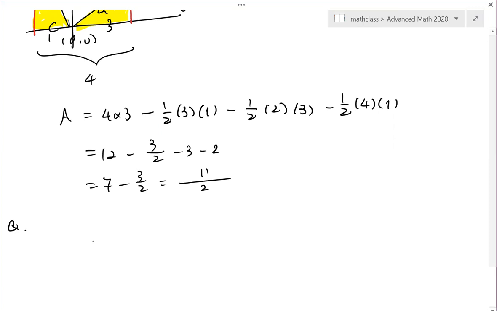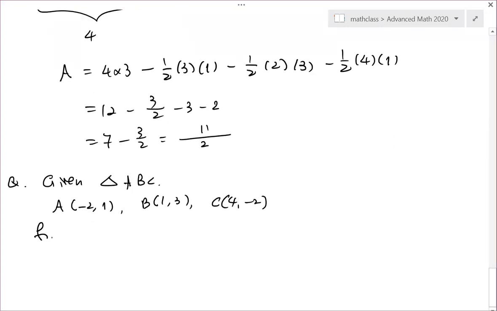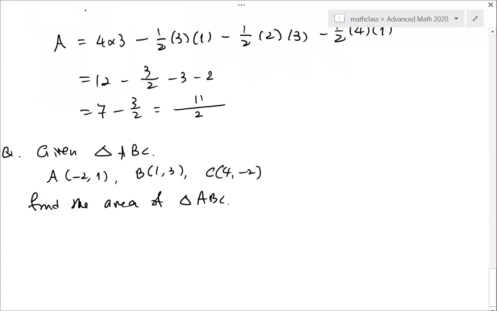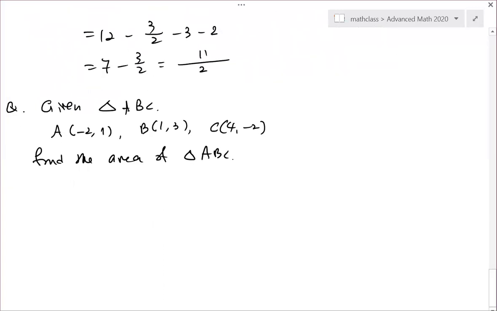You're given the triangle with the vertices A, B, C. A has coordinates -2 and 1. B has coordinates 1 and 3. C has coordinates 4 and -2. Find the area of the triangle ABC. Please do it.